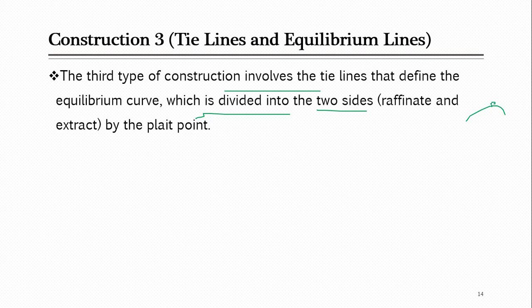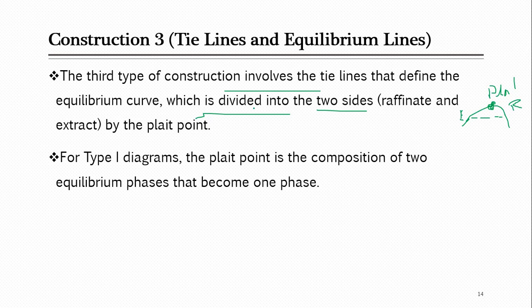Yesterday we said that this point is actually separating raffinate and extract. On one side you will have raffinate, and on the other side you will have extract. In our system, on the right side of this plait point you have raffinate, and on the left side you have extract. There are a few dotted lines which connect points from the extract side to the raffinate side at equilibrium, and they are called tie lines.